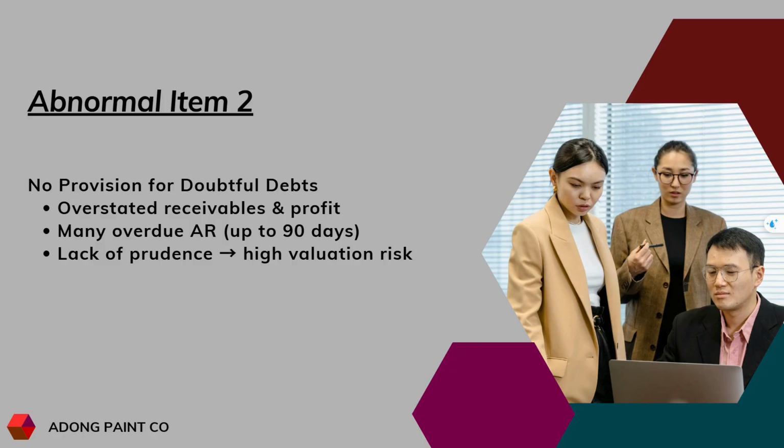So we can ask: why is revenue going up but profitability collapsing? And second, ADP has many overdue receivables, some overdue up to 90 days, but the case clearly states that no provision was made.